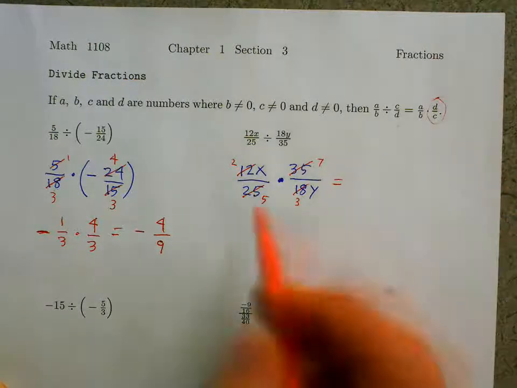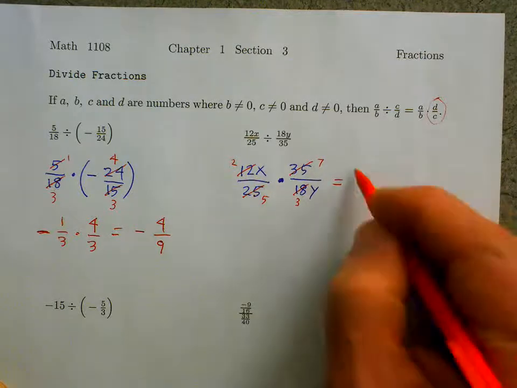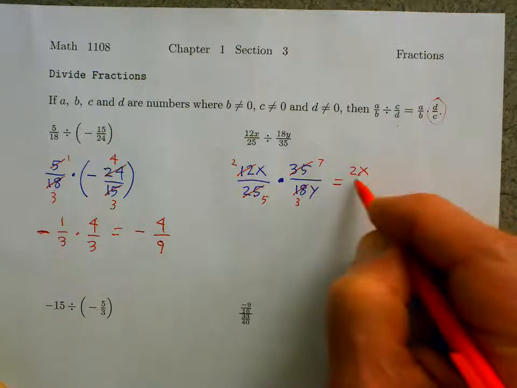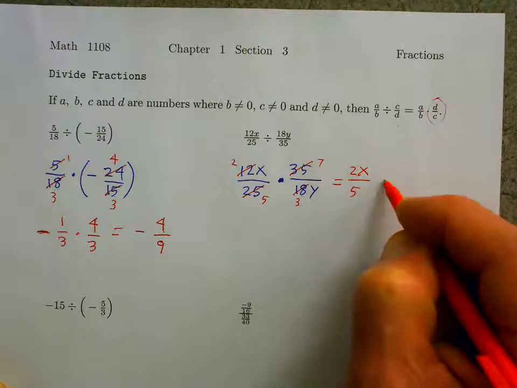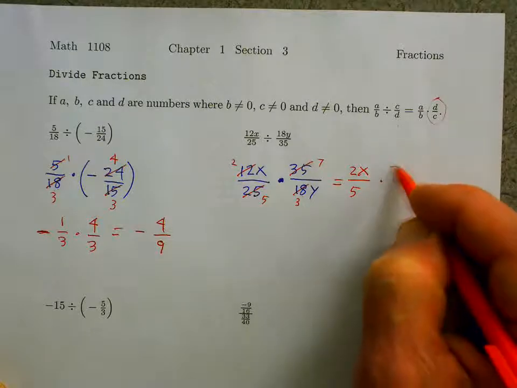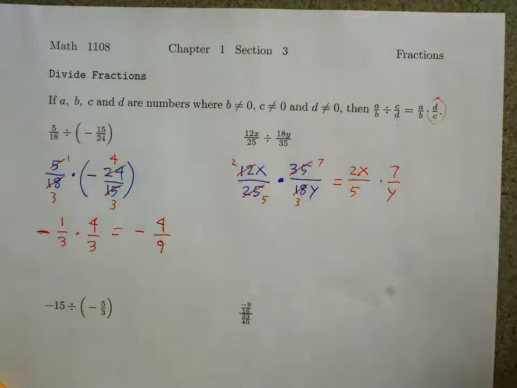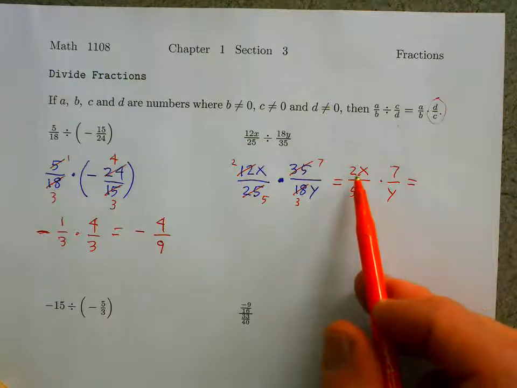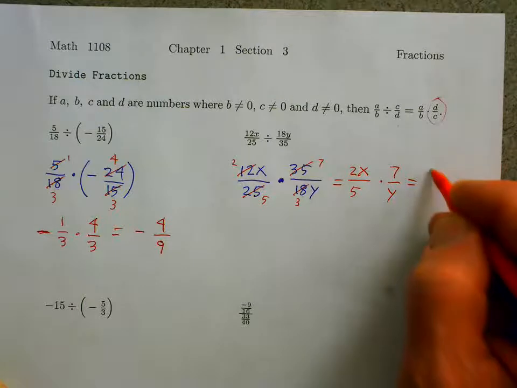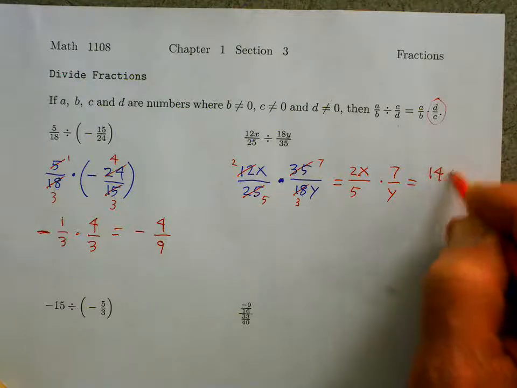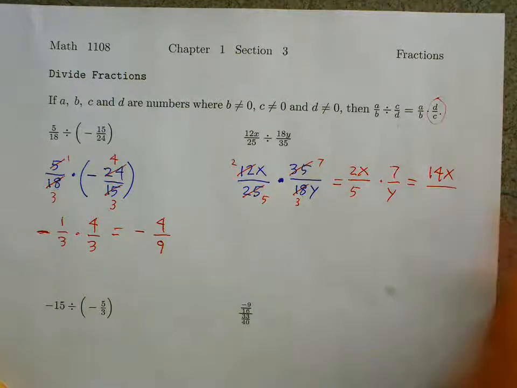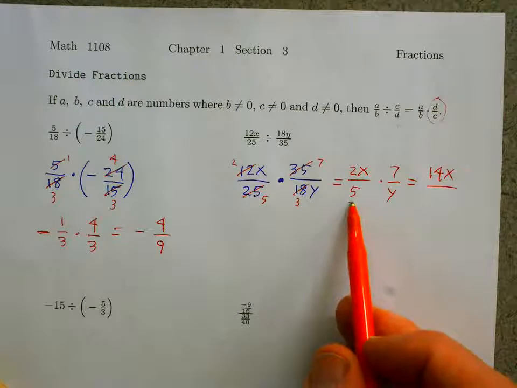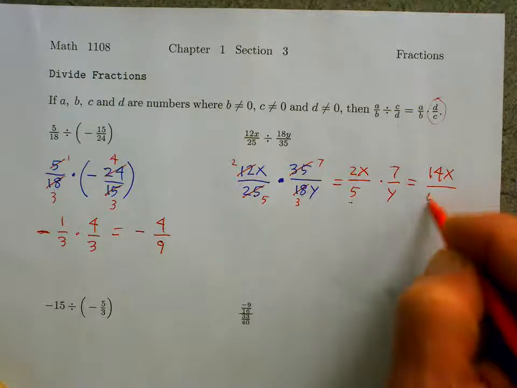So in the next step, let's write 2x, 2 times x over 5 times 7 over y. And then we just multiply these fractions. 2x times 7, we write that as 14x, 14 times x. And in the denominator, 5 times y is 5y.